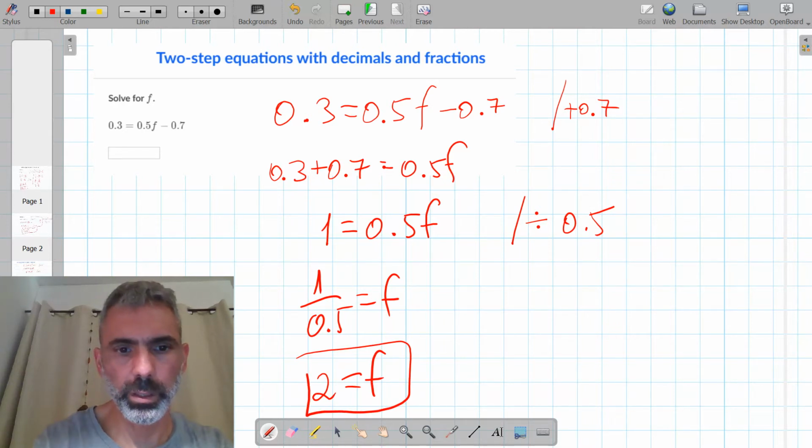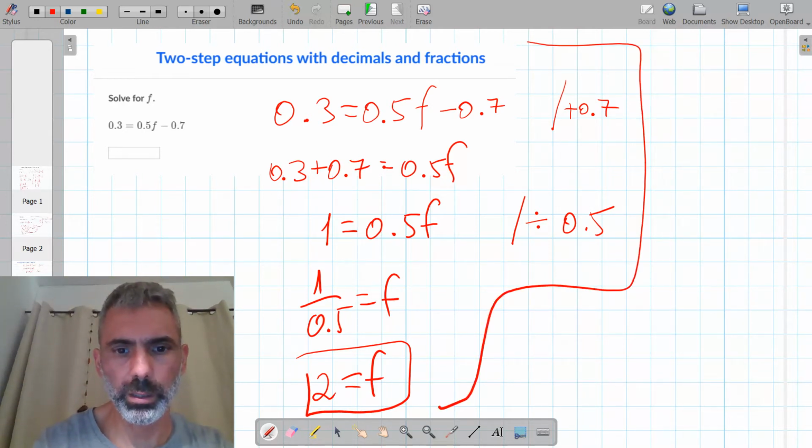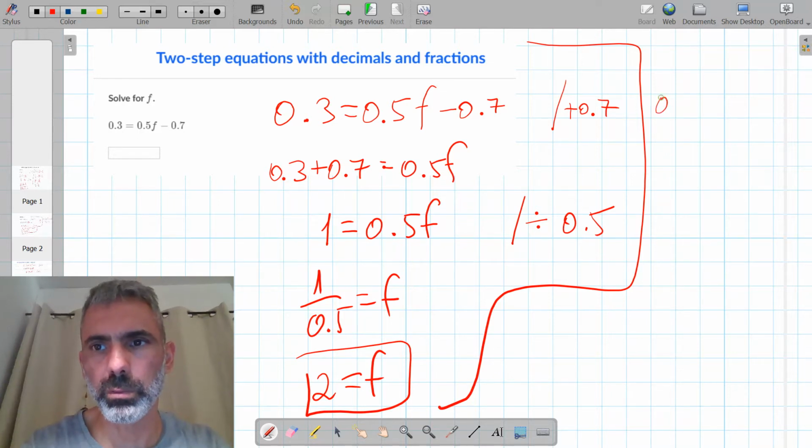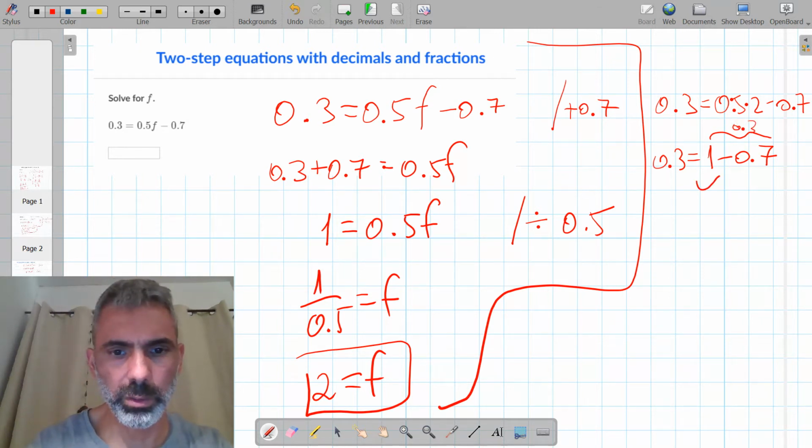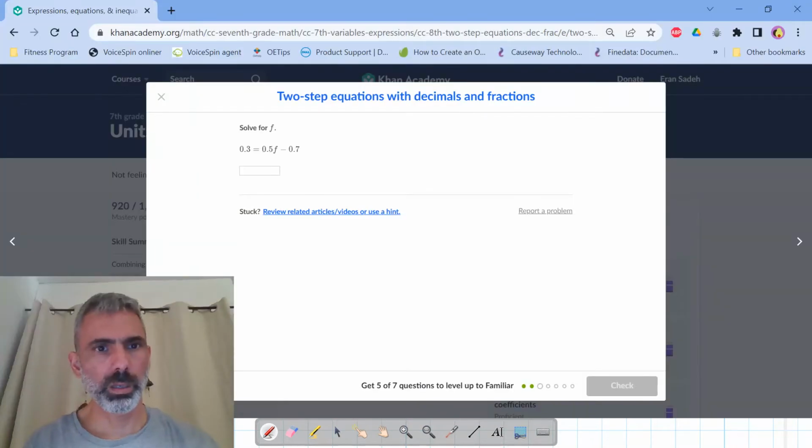Now let's verify that this is the correct answer by plugging in the result in the original equation. So 0.3 equals 0.5 times 2 minus 0.7. So 0.3 equals 0.5 times 2 is 1, because 1/2 times 2 is 1, minus 0.7. So 1 minus 0.7 is indeed 0.3. So this checks out. So it means that f is indeed equal to 2.